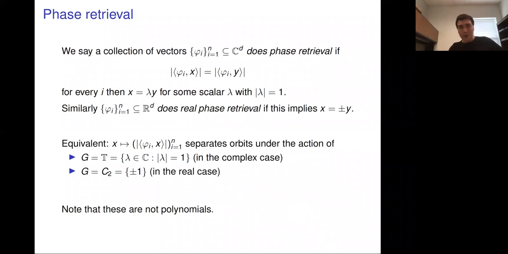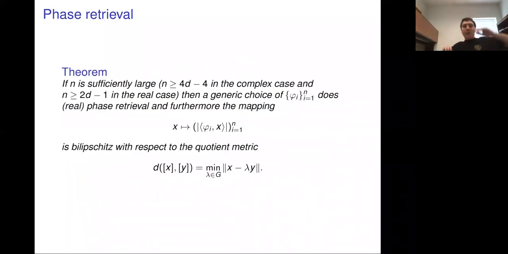There's a lot more I could say about this, but right now I just want to get the point across that this is a problem that can be formulated as asking to separate the orbits of this specific action. And then here's a theorem that is a conglomeration of a whole bunch of theorems, some of them proved by me, some of them by other people, over the course of a series of papers.